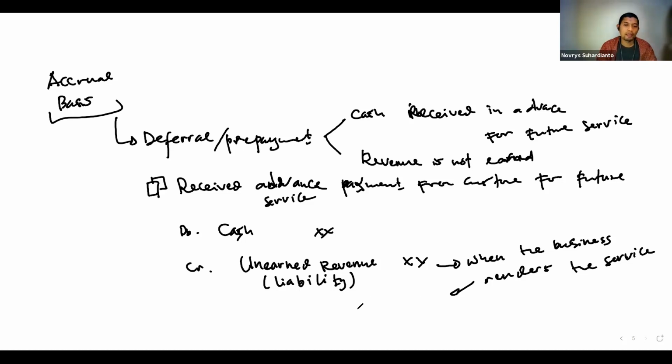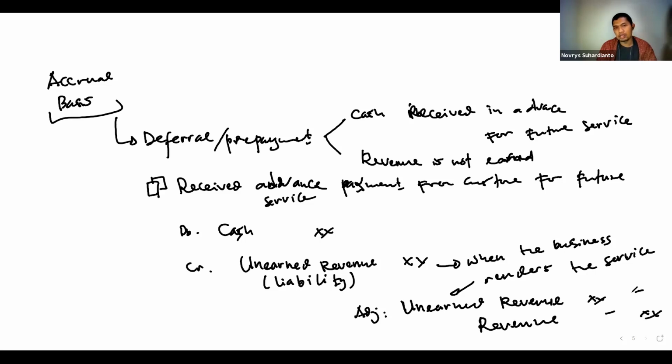An adjustment should be recorded to close the unearned revenue. Now it becomes revenue, because now the business has already given the service to the customer.